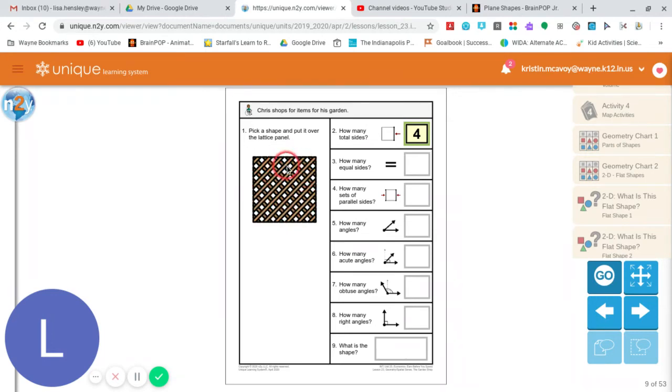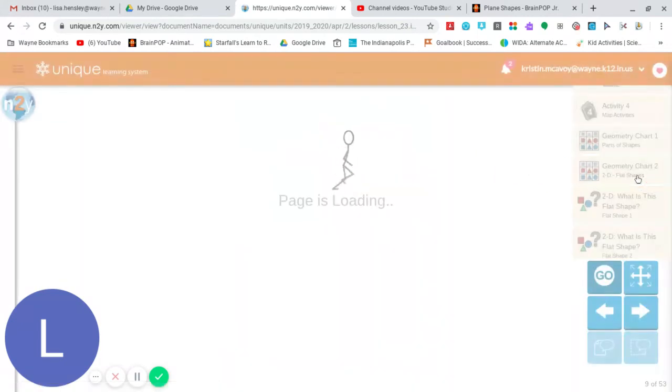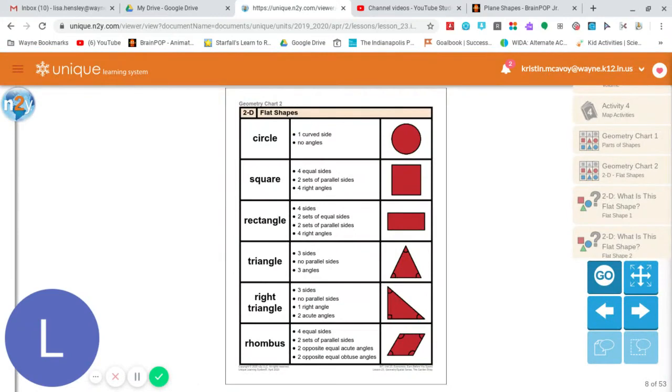Also, if you're not sure, this is where you can find the descriptors. You can use chart 2. And if you find a shape that you think it is, you can read about it. For instance, I noticed that it kind of looks like this.